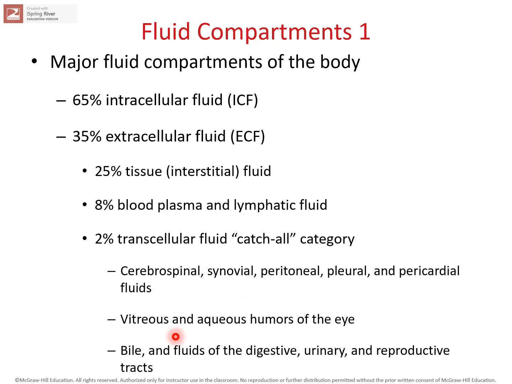Another example is the vitreous and aqueous humor of the eye, bile fluids, digestive fluids. All of these fluids at some point in the body are surrounded by spaces that are lined with epithelial tissue, right? So such fluid is called transcellular fluid.